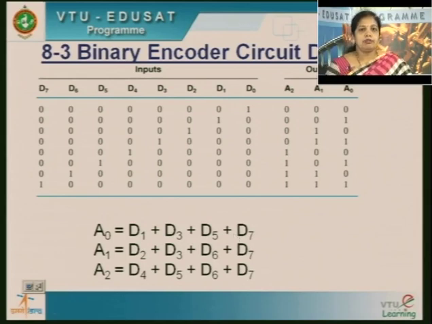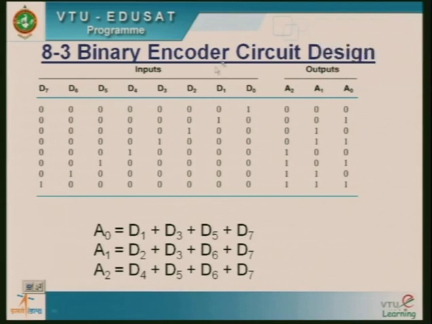Similarly, I am going to write for A1. A1 also has 1, 2, 3 and 4 terms. That is nothing but D2 here, then coming over here D3, then here it is D6 and D7.